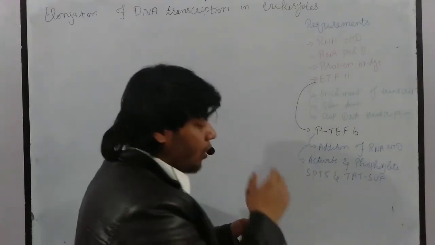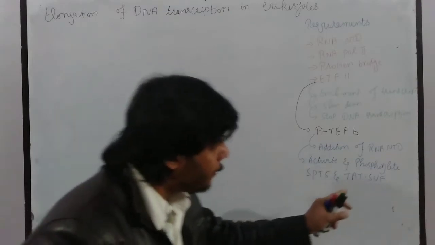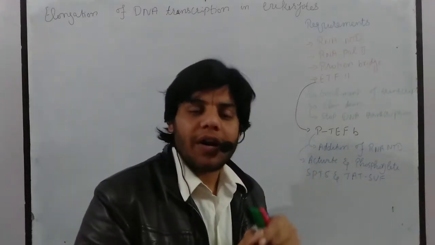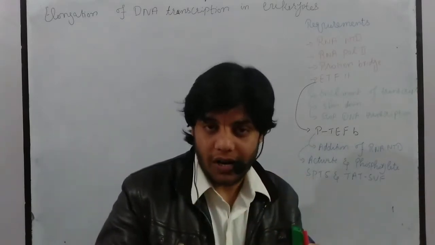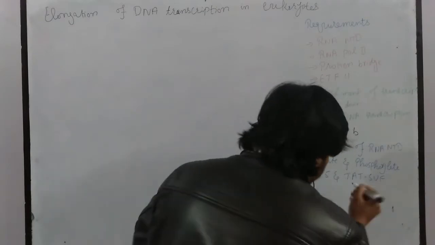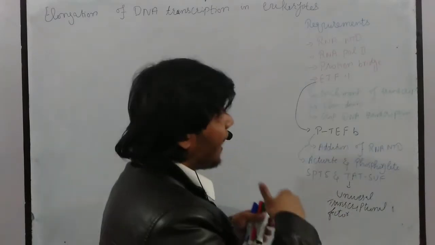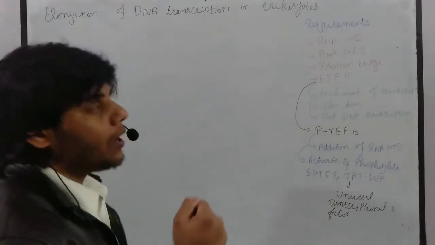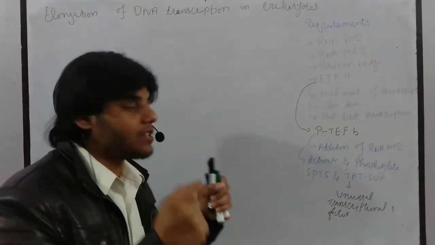And why is it called the universal transcription factor? Because it is involved in the 5' capping, and moreover it is involved in the CTD phosphorylation. So that's why we can say that it is the universal transcription factor. And at the end we need another elongation transcription factor. We call that elongation transcription factor 2S.